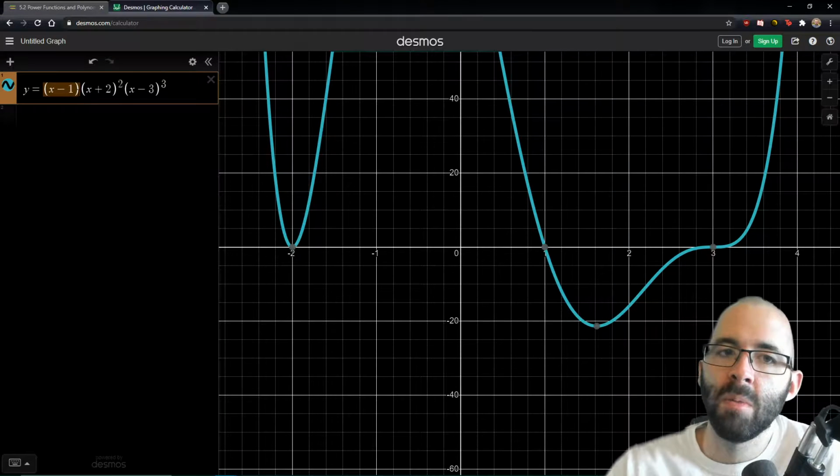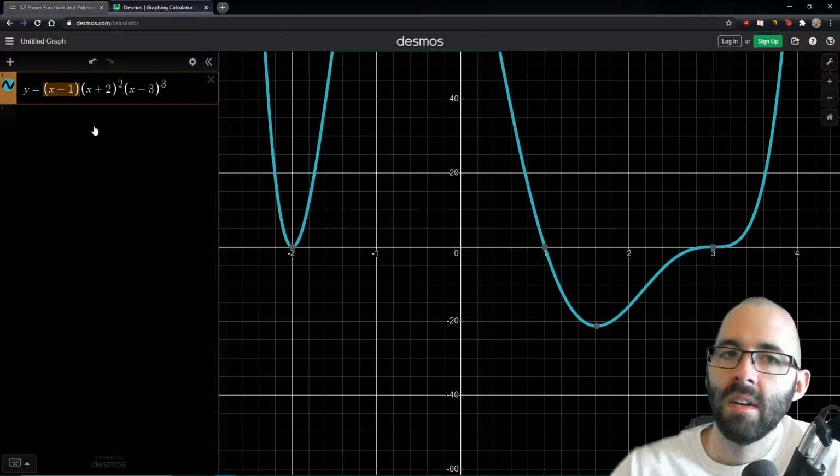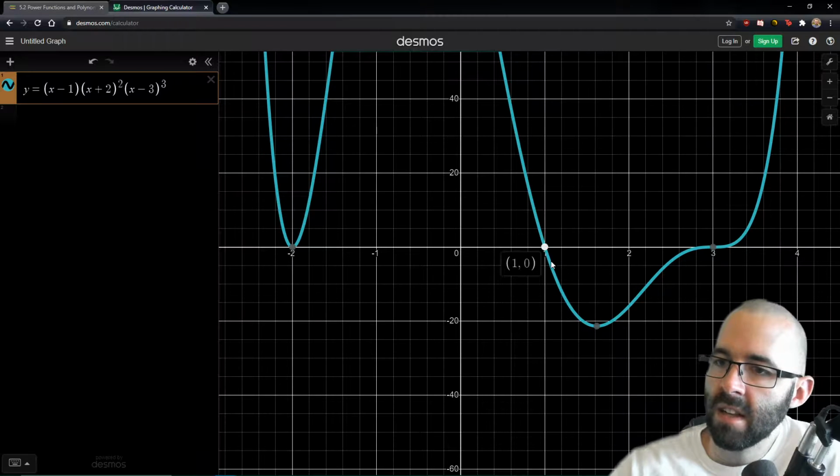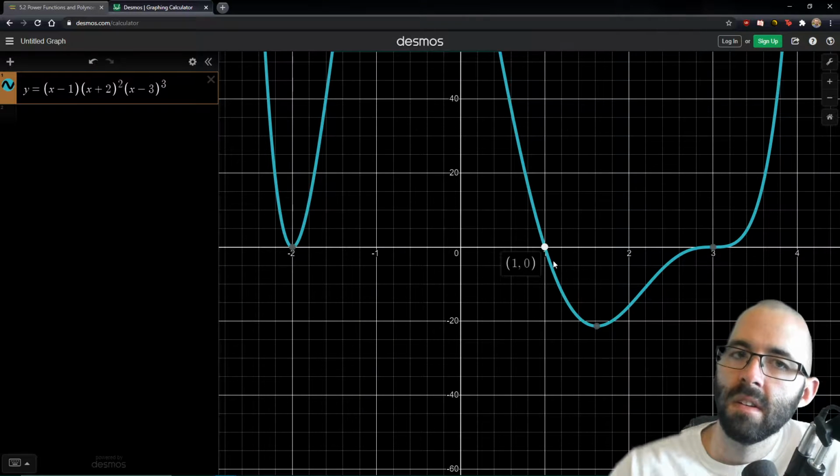So let's start with this one, the multiplicity of 1. That's right here. If it has multiplicity 1, it just crosses through the graph, kind of like normal. Very locally, it looks like a line. Look at this root, x plus 2, or x equals negative 2.